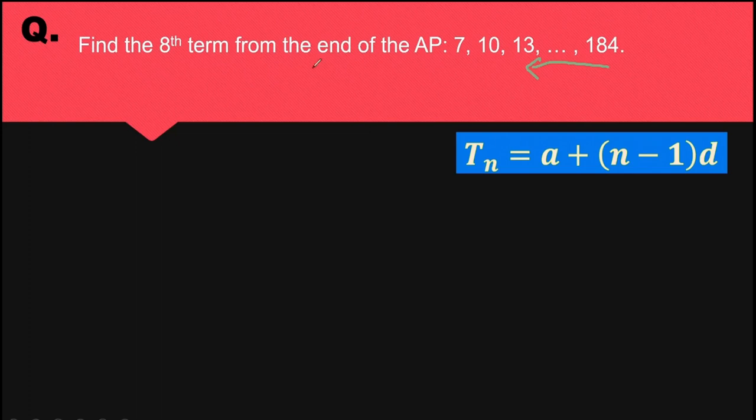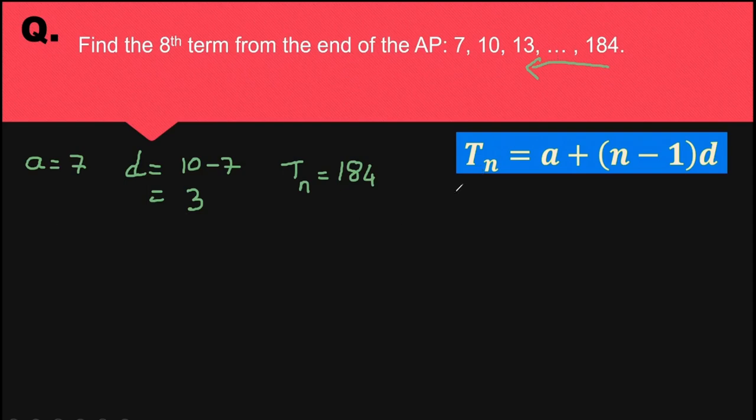In this AP, the first term given is 7, and the common difference, that is 10 minus 7, always the second term minus the first term, is 3. And the last term, we don't know which number it is. So Tn is 184. First we need to find n, and then counting backwards, the 8th term from the last is our required term.